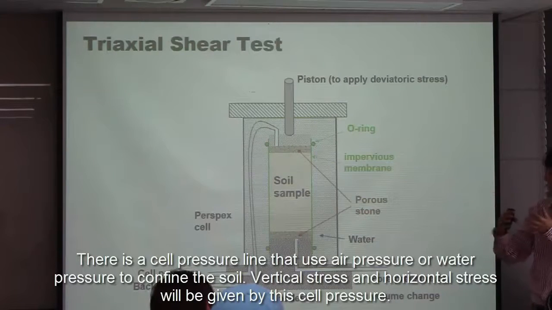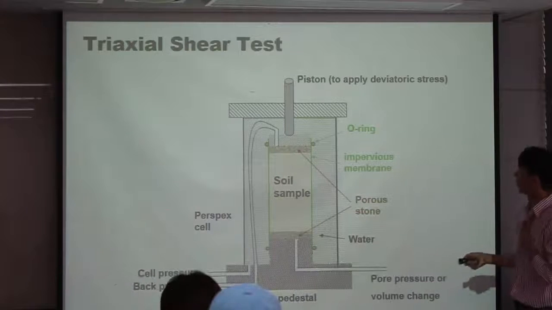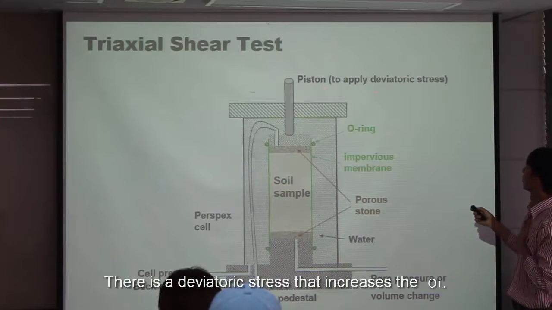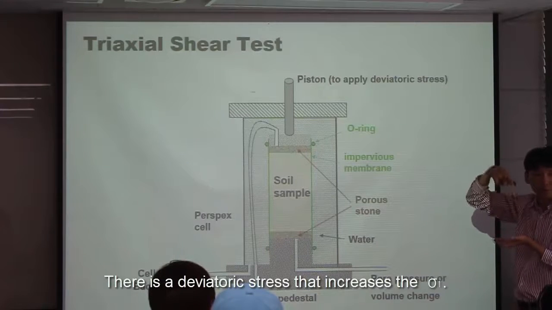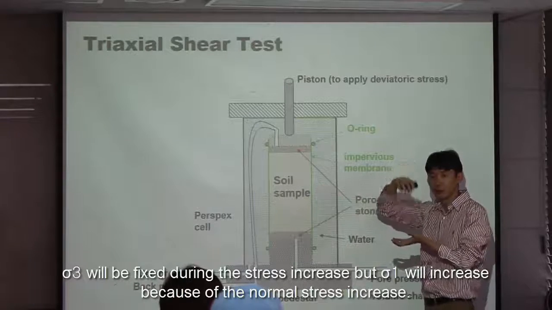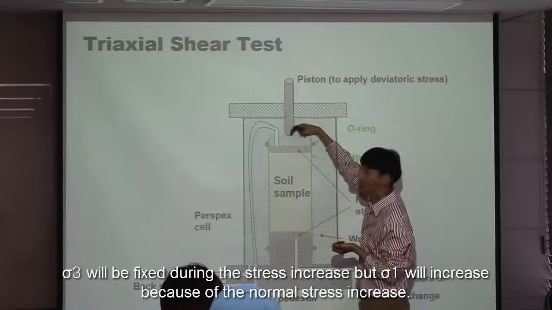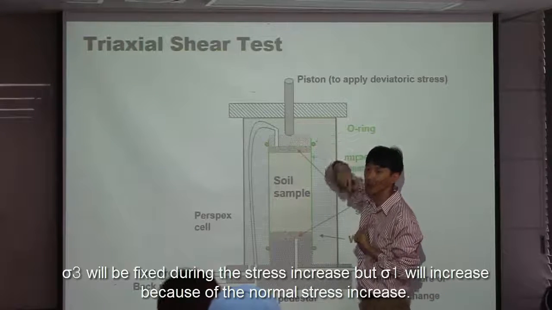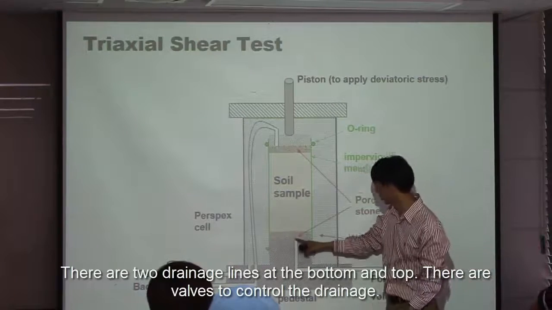Vertical stress and horizontal stress will be given by this cell pressure, and then there's a deviatoric stress that increases sigma 1. Sigma 3 will be fixed during this stress increase, but sigma 1 will increase because you're applying more vertical load.